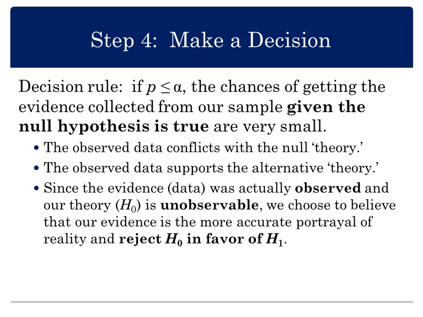Your observed data actually supports what we called our alternative theory, which was the thing we actually wanted to show. Since our data, which is our evidence, was actually observed, and our theory, the null hypothesis, is just a theory, we choose to believe the empirical evidence, the data, and then we reject the null hypothesis in favor of the alternative.